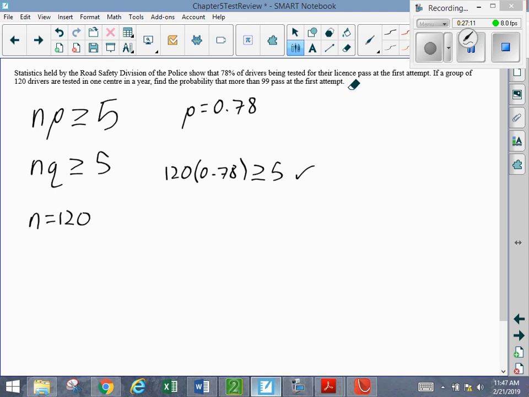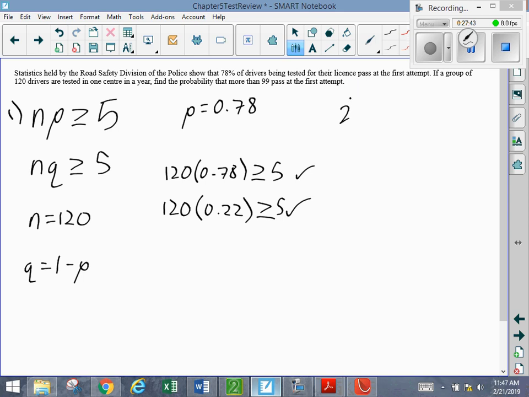Yeah, it is. How about 120 times, remember Q is 1 minus P, so that's 0.22. Another way to think of this is 22% of 120 more than 5? For sure. Alright, now that I know this, that would be like part 1.